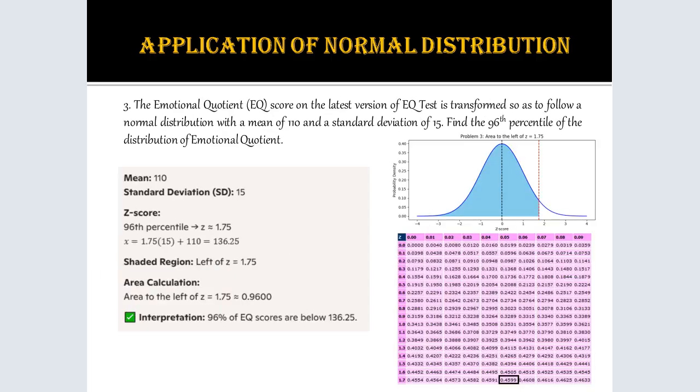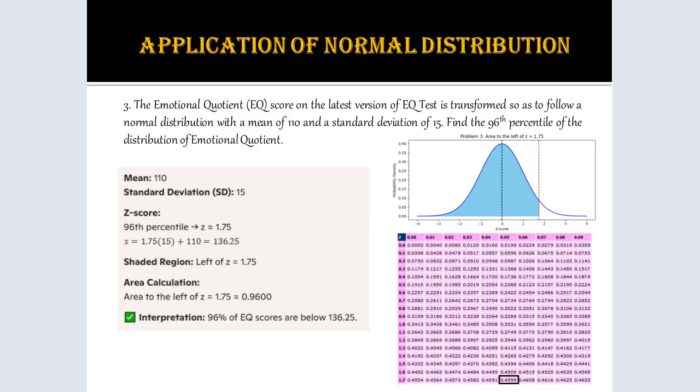Okay, so let's have another problem, number 3. The emotional quotient or EQ score on the latest version of EQ test is transformed so as to follow a normal distribution with a mean of 110 and standard deviation of 15.